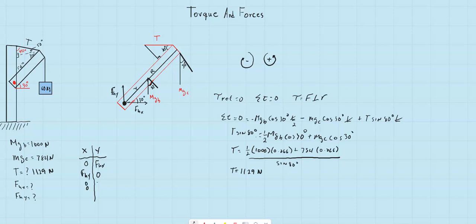This will be negative mg of the beam, negative mg of the crate, and our tension is pulling in this direction. So this will be negative T sine of 50 degrees, right? Because we have it over here, 50 degrees, plus T sine of 50 degrees.